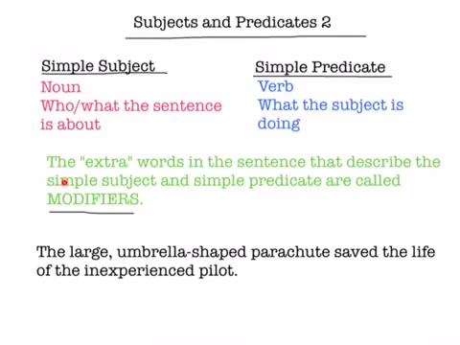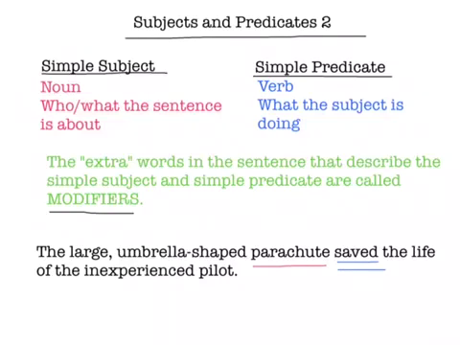In this particular example, our simple subject, or who or what we are talking about, is the parachute. What is it that the parachute did? Well, our simple predicate, the verb that connects back to parachute, would be saved.